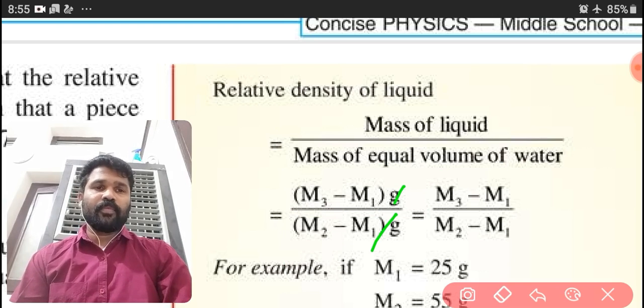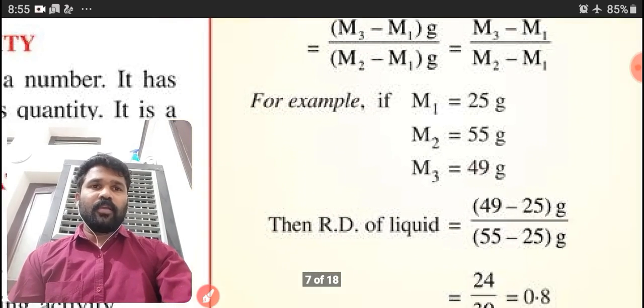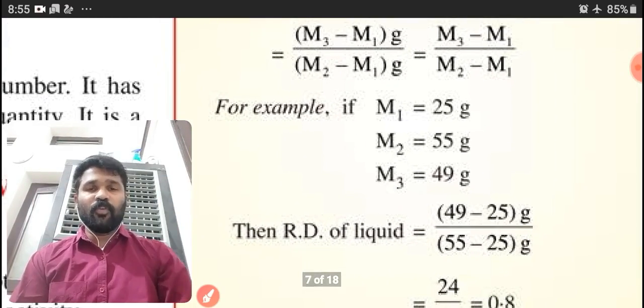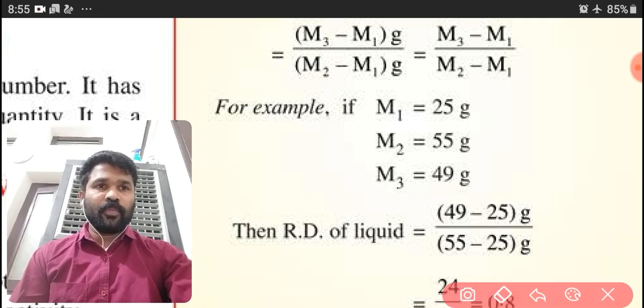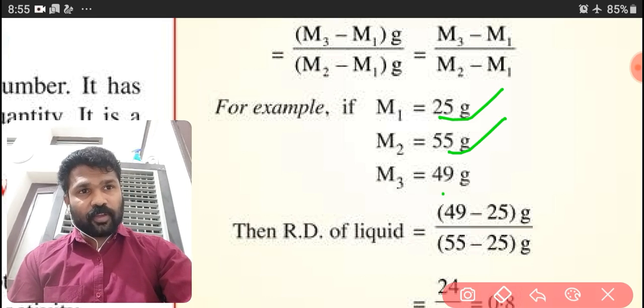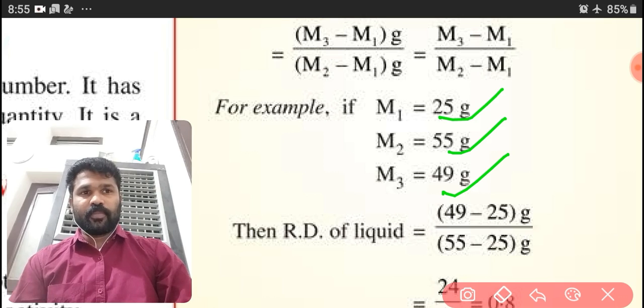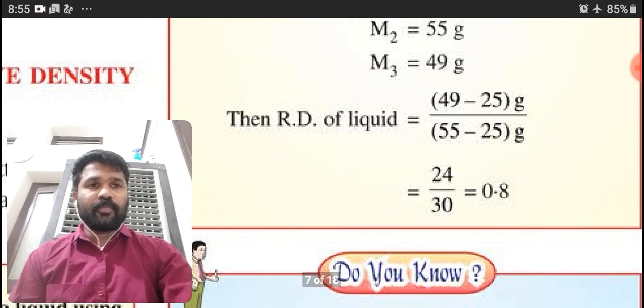For example, here an example is given. Suppose m1 is equal to 25 gram, m2 is equal to 55 gram, m3 is equal to 49 gram. Then what is the relative density here?